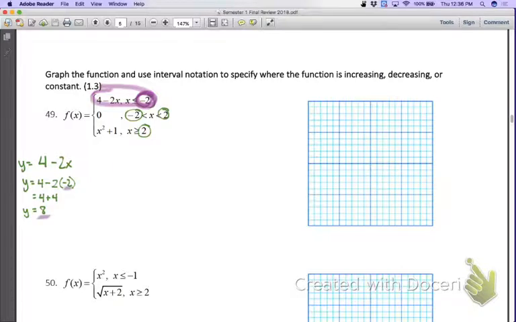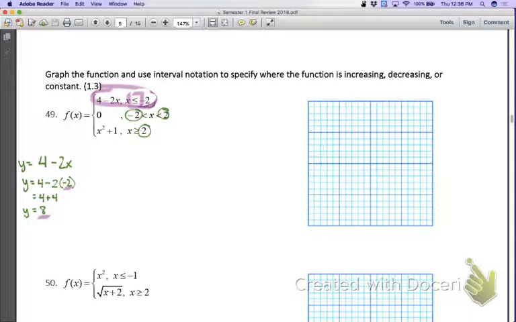Then all I'm going to do is go over here. Now, it's less than or equal to. So that means it's going to go from that point, and if it's less than or equal to, is it going to go left or right? It's going to go left. This sign or symbol, whatever you want to call it, right here, will tell you which direction I should be going.